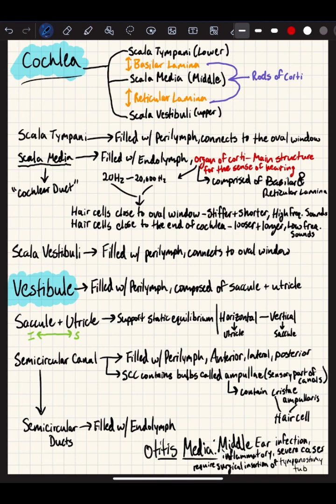So basically, otitis media is a middle ear infection. It's inflammatory, and if your case gets severe enough, it's going to require the surgical insertion of a tympanostomy tube.